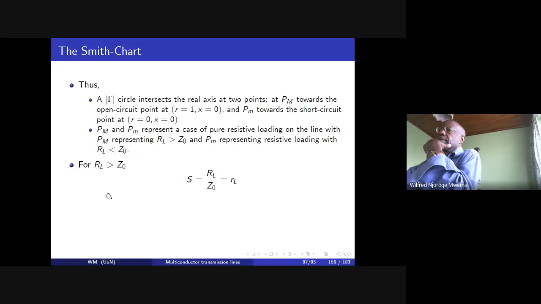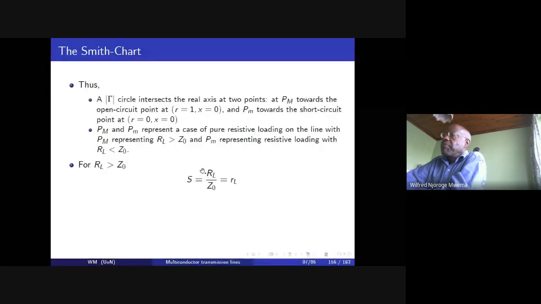Now, when RL is greater than Z0, remember we have already seen this before. At that point, the voltage standing wave ratio S will be given as RL divided by Z0, and therefore it will be the same as the normalized load resistance.